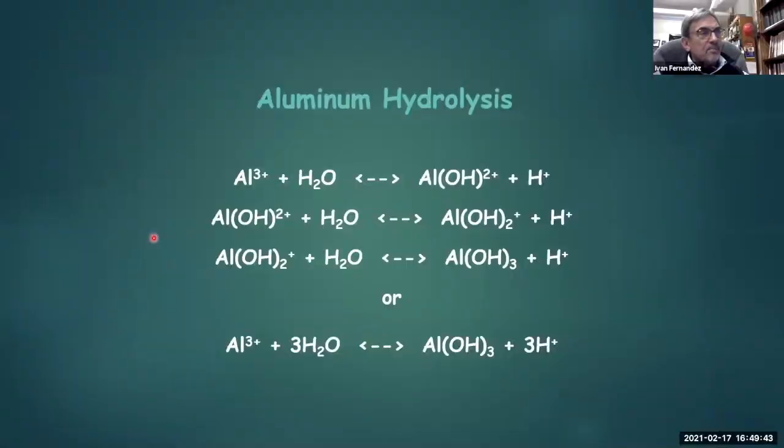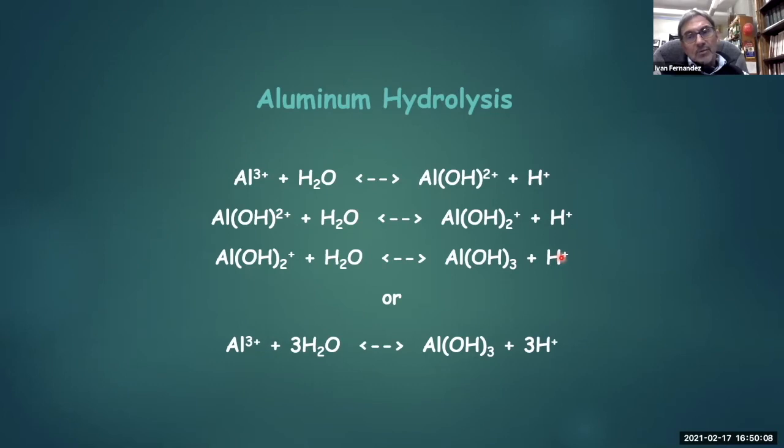I'm not going to take time to do this, I'll just quickly say why we call aluminum an acidic cation. When aluminum is released from a mineral, it's trivalent, Al3+. If there's water around, and there's plenty of water around, it will undergo these hydrolysis steps and produce 3 moles of hydrogen.